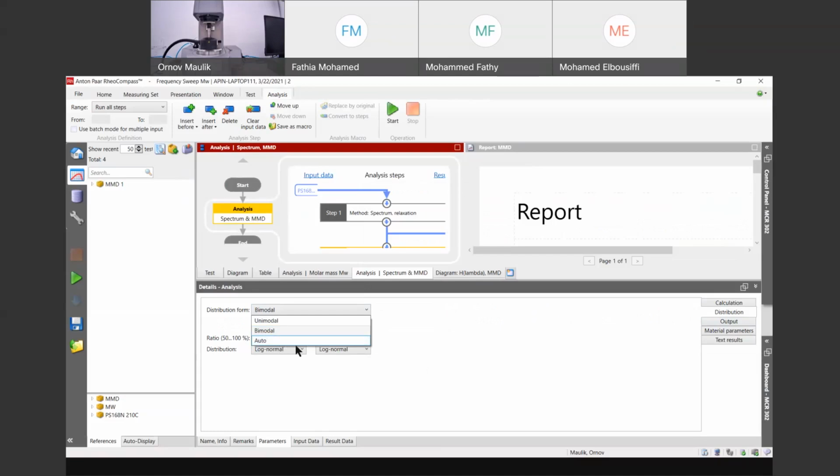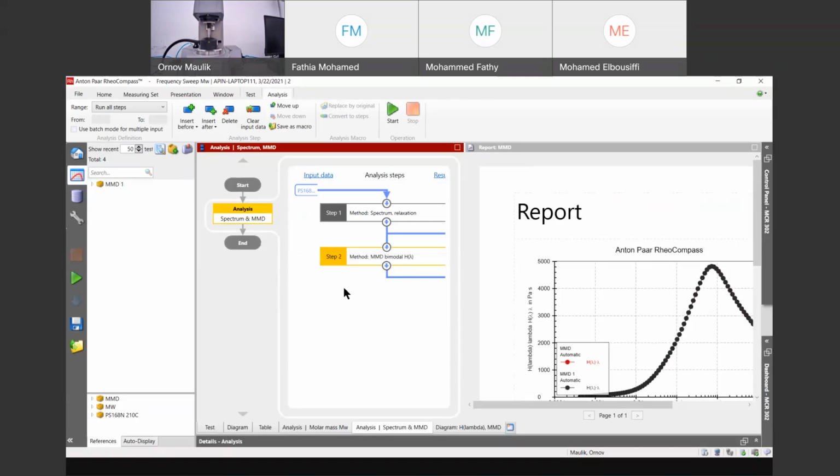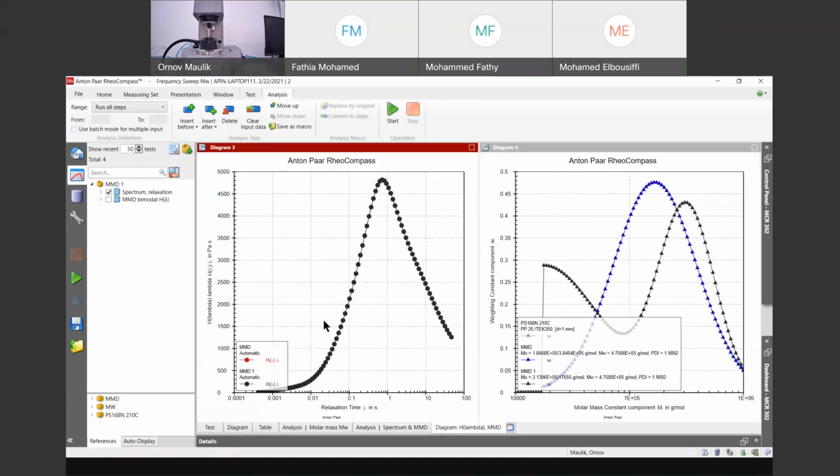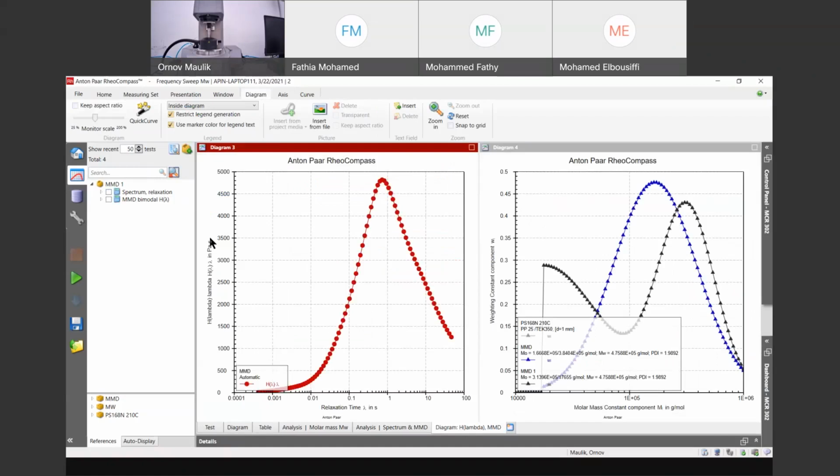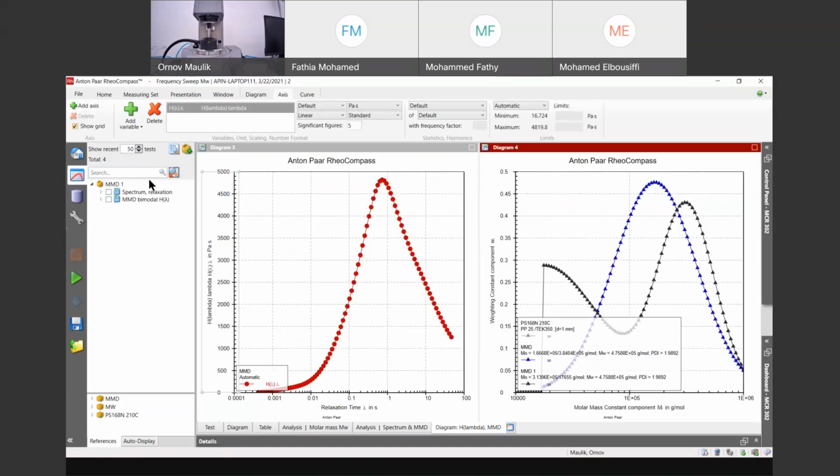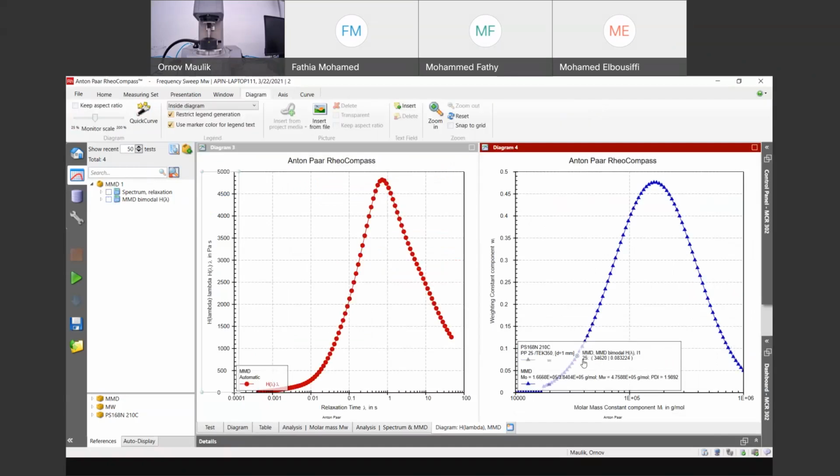But most of the time, when you are dealing with branched polymers or polymer blends, it is always bimodal. If you are only dealing with normal polyethylene, then you can select unimodal and run the test. The result you would get will be between weight constant components and molar mass constant components, and you will get a complete distribution.